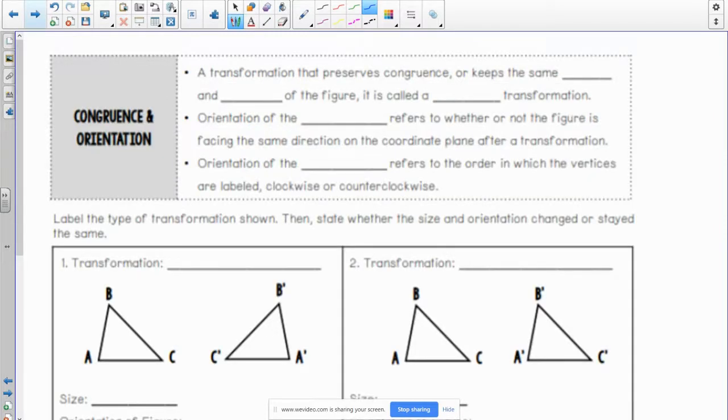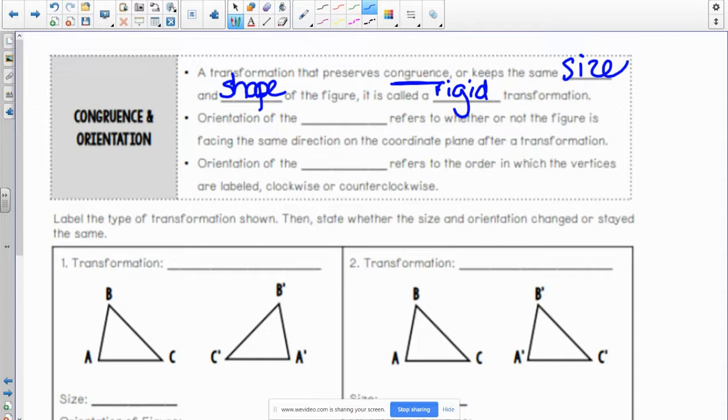A couple more vocab words here: congruency and orientation. So a transformation that preserves congruency, that's the key word, keeps the same size and shape of a figure, and it's called a rigid transformation.